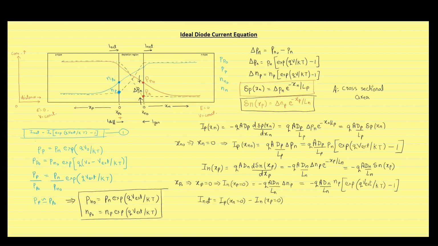You may think why there is a negative sign. The reason is that in this step we are considering two Cartesian systems. In the beginning we assumed different directions for xp and xn to be positive. But here we have to combine these two different currents. If you see the expression for hole current, we got a positive sign, meaning that the hole current is flowing from left to right. And if you see the electron current, we got a negative sign.